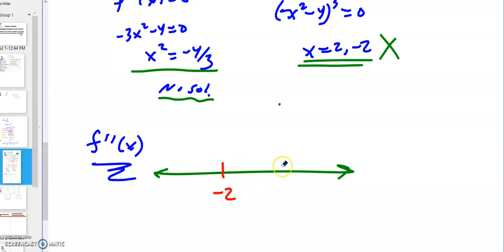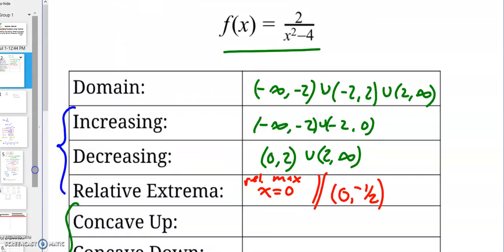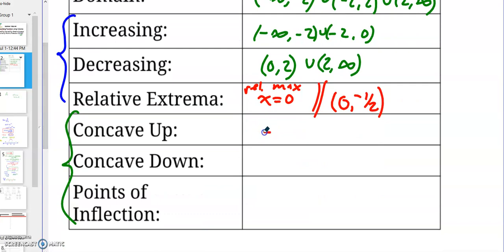We're going to put negative 2 and 2, and we're going to plug stuff into our second derivative. You should get positive, negative, positive. Okay? So then jumping back here, our function was concave up from negative infinity to negative 2, and from 2 to infinity.